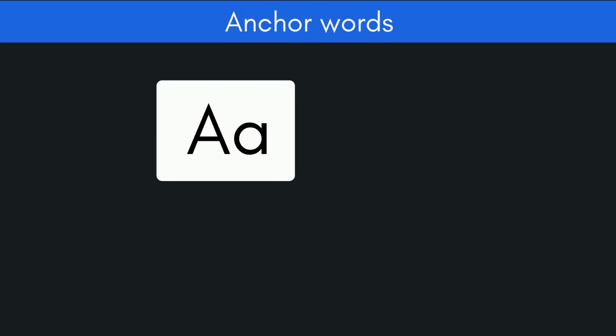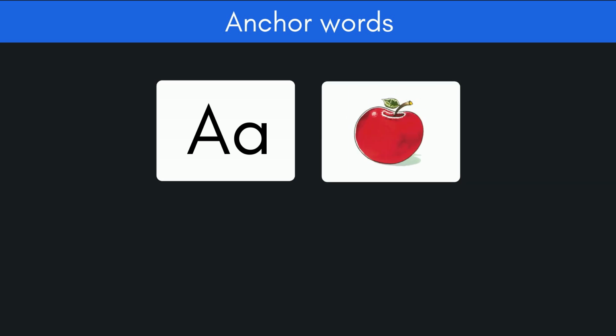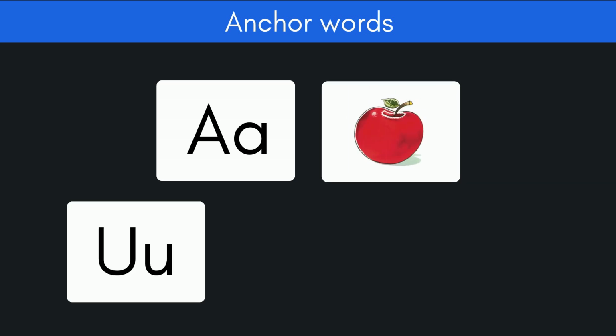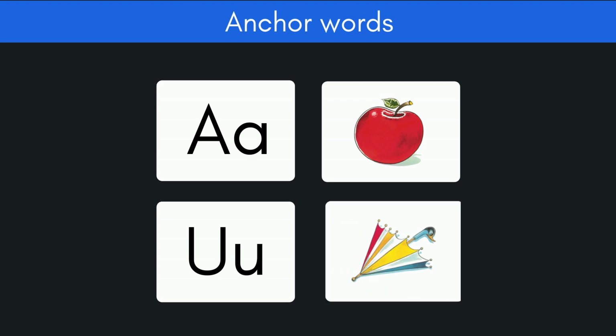One of the main differences between teaching phonics to English as a foreign language learners and teaching phonics to native speakers is that we often need to teach in a way that enables the children to easily distinguish the sounds associated with letters. To help with this, I suggest that rather than calling this A, both you and the children can call it A, apple, and call this A, umbrella.